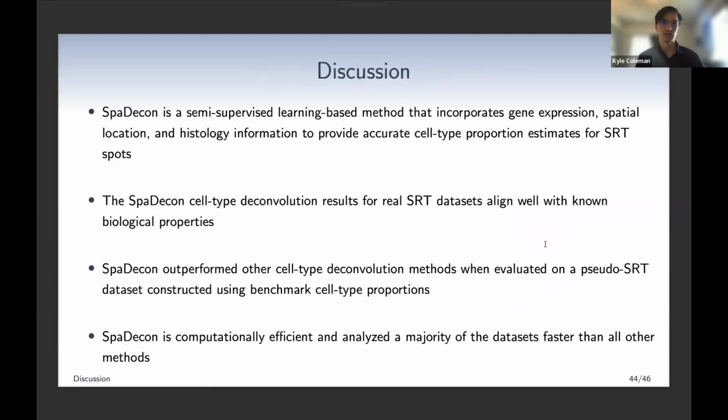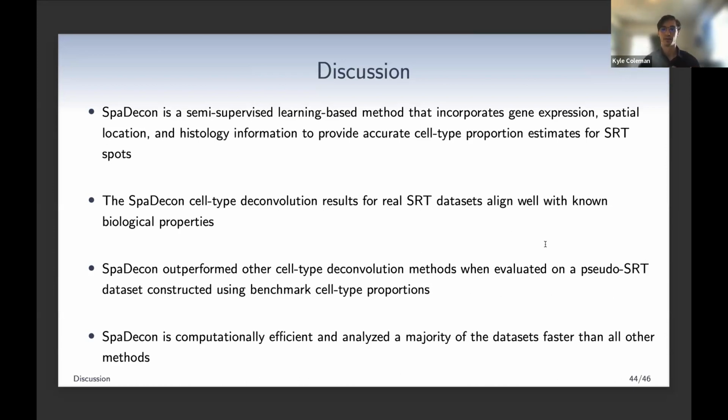All right, and so just to wrap up, I've shown that SpaDecon is a semi-supervised learning-based method that incorporates gene expression, spatial location, and histology information to provide accurate cell type proportion estimates for spots in a SRT data set. I also showed through evaluation on real SRT data sets that the SpaDecon results align well with known biological properties that we know to be true for each of the data sets.